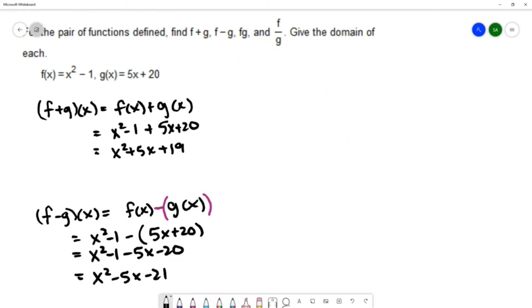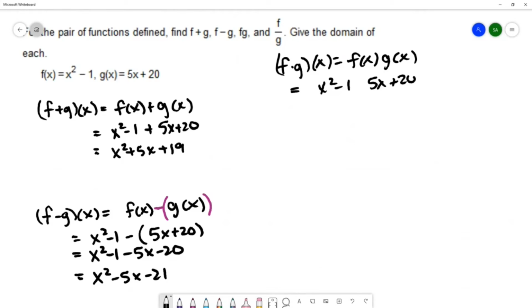So then we're going to multiply, that's f times g, by doing f of x times g of x. f of x is x squared minus 1, and g of x is 5x plus 20, and we want to multiply them. So once again, we have to be careful here because we want to multiply all of f by all of g, so we're going to put parentheses so that we multiply all of it and also that it represents multiplication.